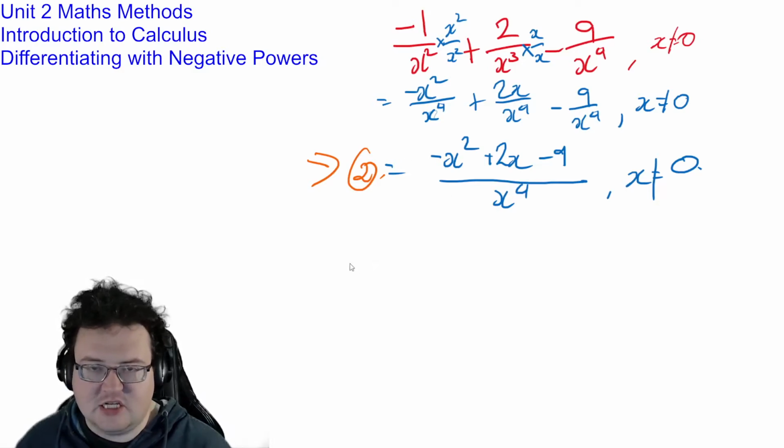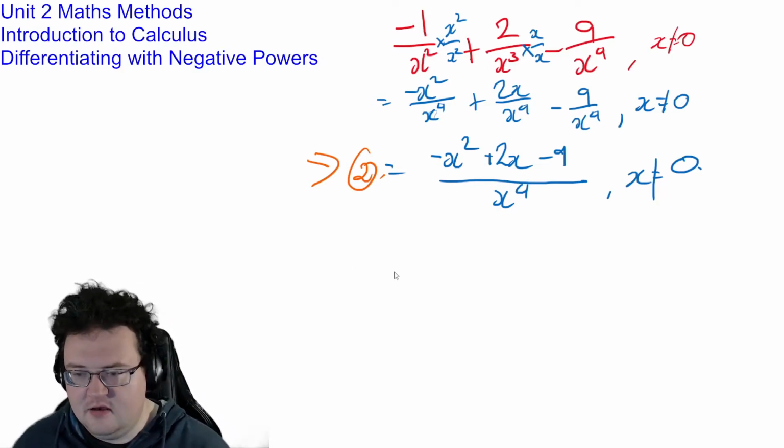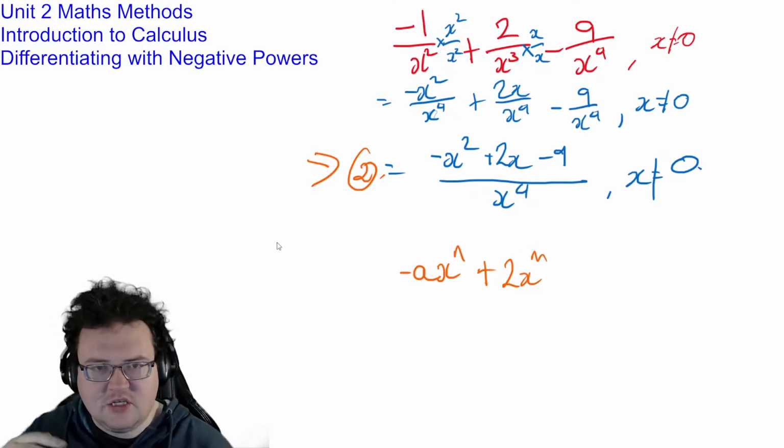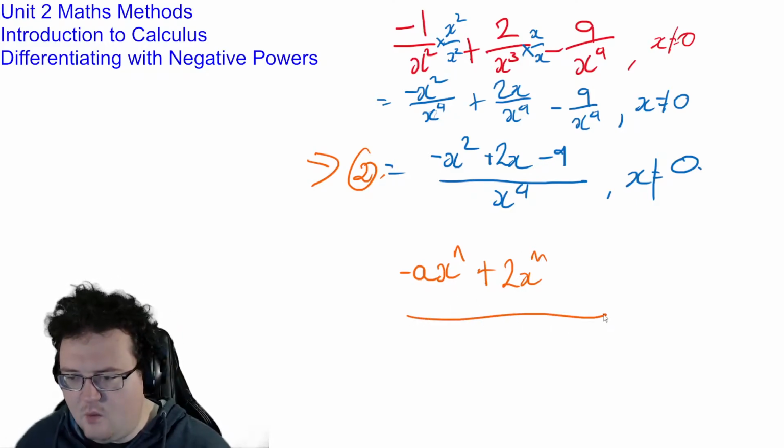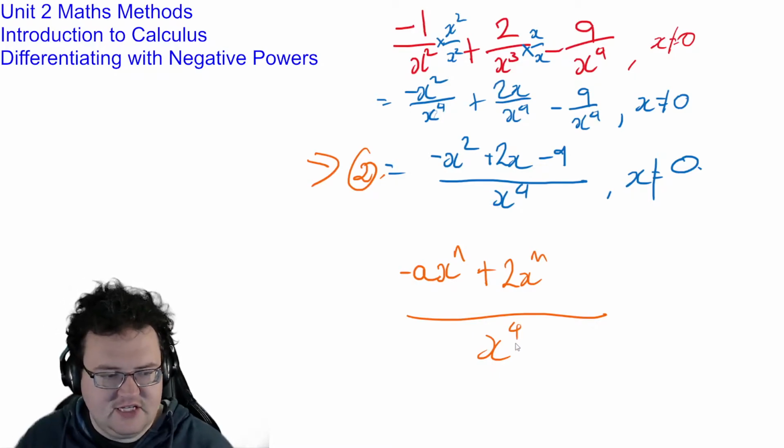They might say, express your form in ax^n plus bx^(2n). They'll ask you, and they'll write it out, and they'll want you to write it using only positive indices.